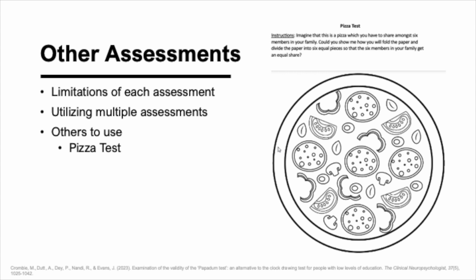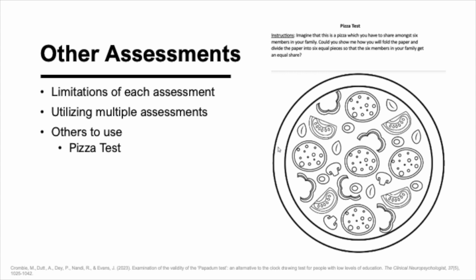I won't get into all that, but just know that for those who maybe have lower education or lower literacy, there are some other assessments that may be more appropriate for them, such as this one. Also, the Alzheimer's Association website lists several dementia screening tools, a whole bunch for you to consider that I didn't even get into today. So you can check there too.